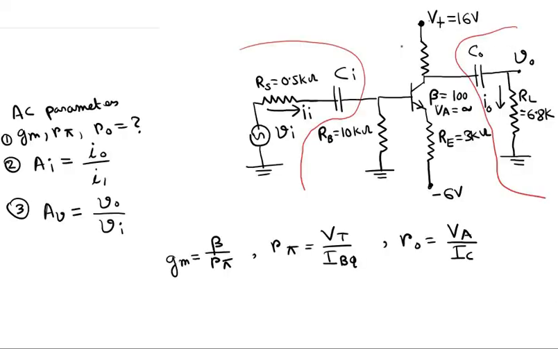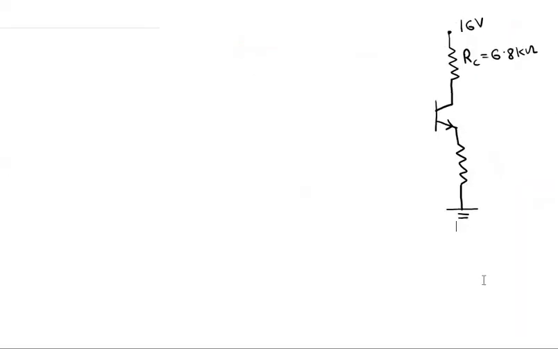So we have this 16 volt source over here. Then we have this transistor, and this resistor RC, which I omitted writing earlier, is equal to 6.8 kilo ohms.